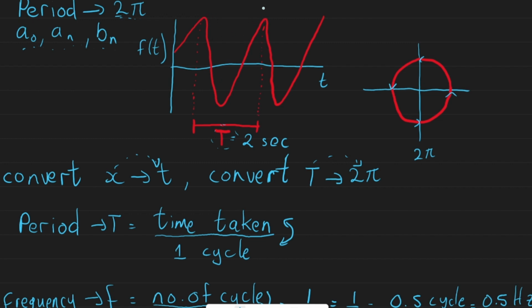So moving along one cycle is like moving through this one revolution of this circle. And one revolution of this circle is 2 pi radians, okay? So in other words, to complete this one revolution, to complete this 2 pi radians, it takes 2 seconds. So this is what this period is. So we associate this 2 pi with this period. So this period is the time taken to complete this revolution of the circle. So that's the analogy at this point.